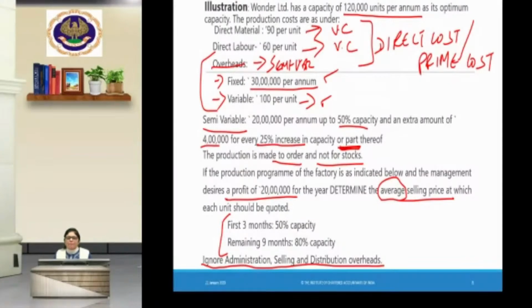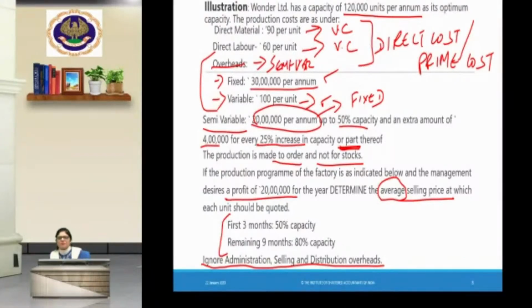20 lakh per annum up to 50% capacity. That means this 20 lakh per annum up to 50% is fixed. So whether it's 5%, 10%, 20%, 49%, it will be fixed 20 lakh per annum. So the first portion up to 50% is the fixed portion.